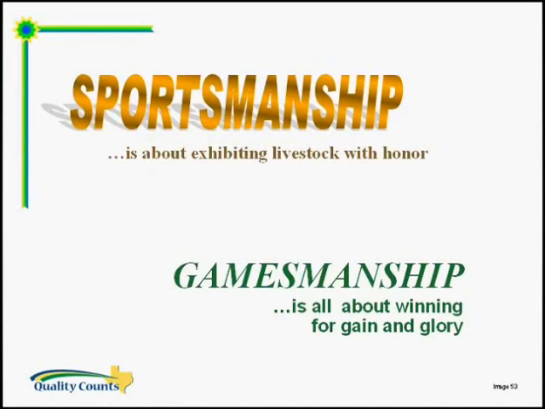Sportsmanship is about exhibiting livestock with honor. Having good sportsmanship is very important. It makes you become a better person. The pillars that we talked about, once again, being respectful, being kind, working in your community, saying yes sir, no sir, being polite, all these things lead to good sportsmanship.